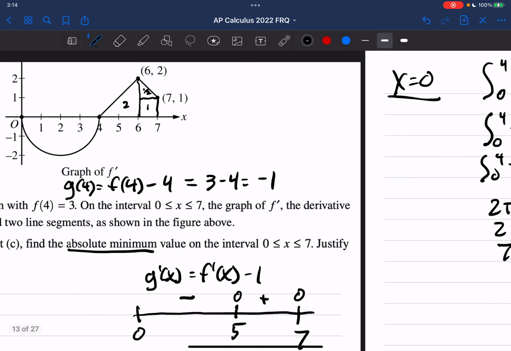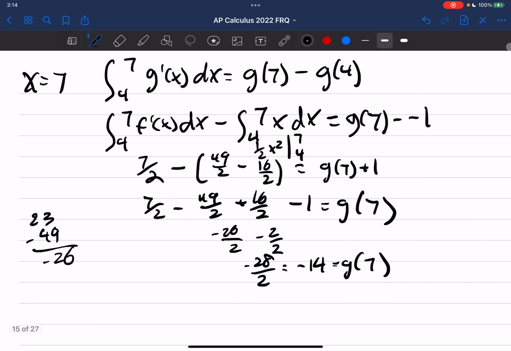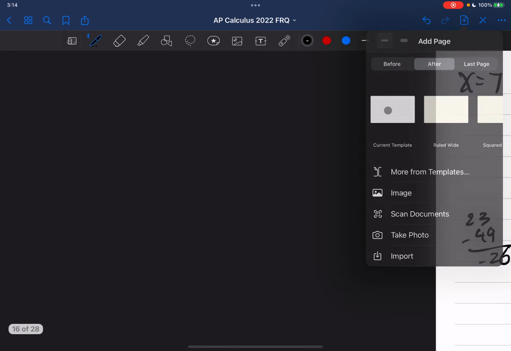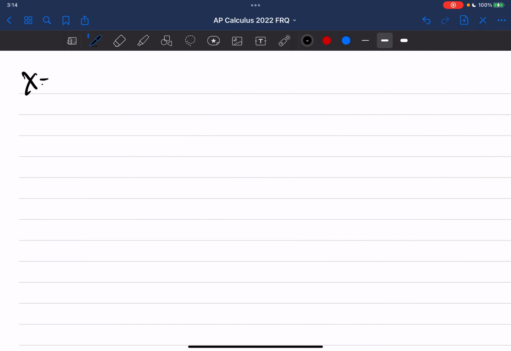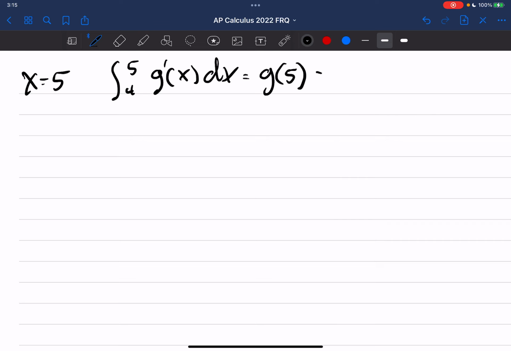And then finally, g of 5. So x equals 5. From 4 to 5, we have the integral of g prime of x dx equals g of 5 minus g of 4.